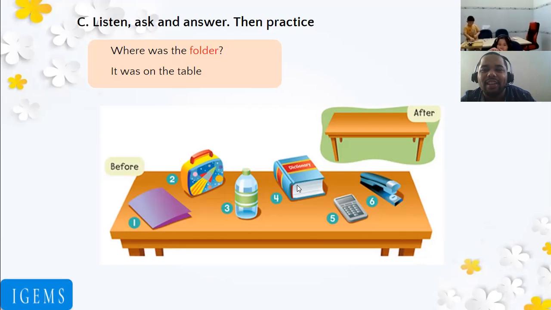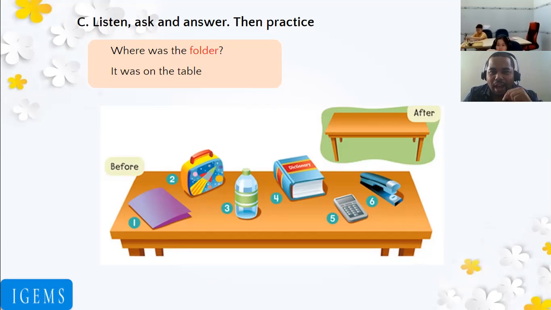It was on the table. All right. On the table. Where was the dictionary? On the table. Very good. I want you to say it was on the table. It was on the table.